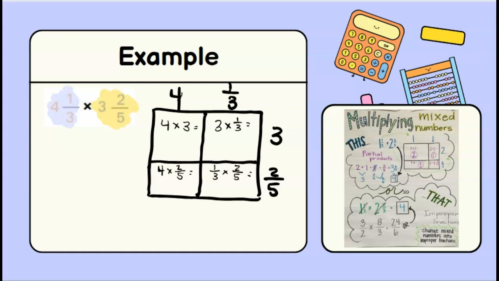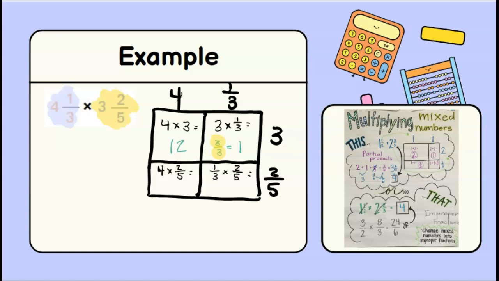So first, I know that 4 times 3 is going to give me 12. Now I'm going to multiply 3 times 1/3. That's really just 3 over 1 times 1 over 3. That's going to give me 3 over 3, which I know equals 1, because anytime a numerator and a denominator are the same, that's going to give me 1.